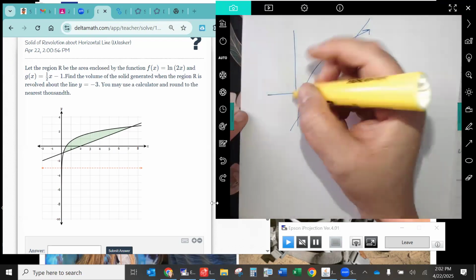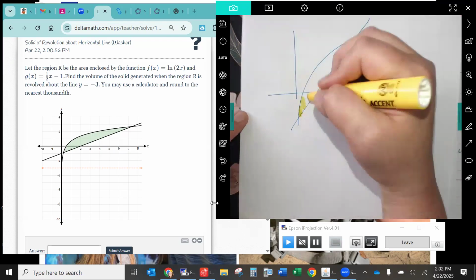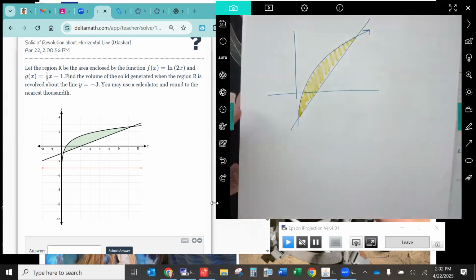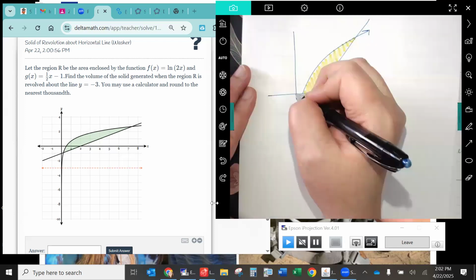Yeah, you have a calculator for half of it. But for the half that you do have a calculator, you wouldn't be doing the integrals by hand. You'd just be typing it in.